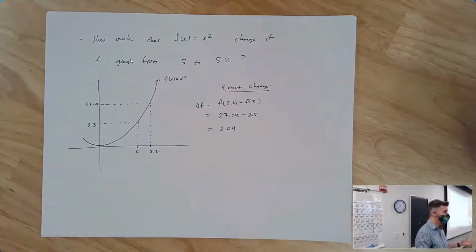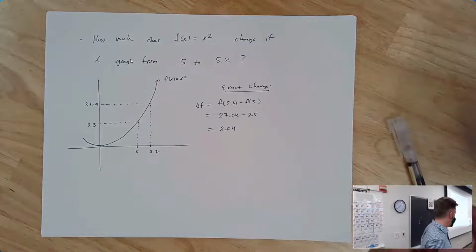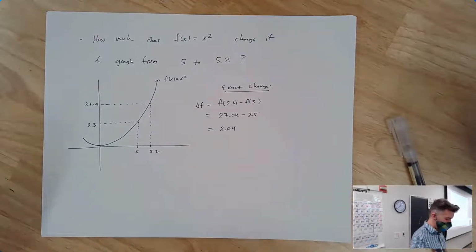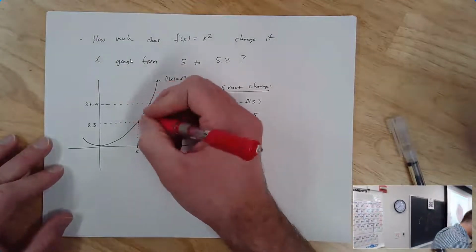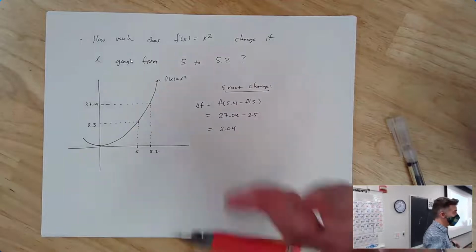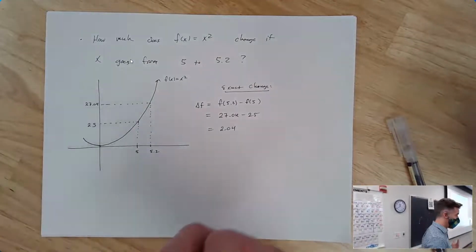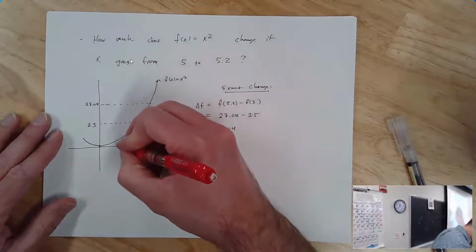But the whole idea with these linearizations is that we can estimate the change. So what we're also going to do to estimate the change is, again, every time, it's always the same thing. You're looking at the tangent line. That's my tangent line.